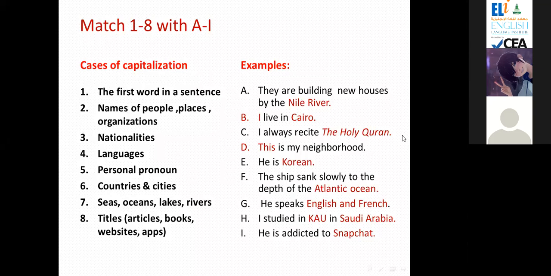Don't worry, but we want to focus on the punctuation marks one by one. Capitalization is always connected with full stop, so I take them together. The first word in a sentence, with D, because it was highlighted. Otherwise, excellent. Most of them are capitalized at the beginning of the sentence. Names of people, places, organizations.